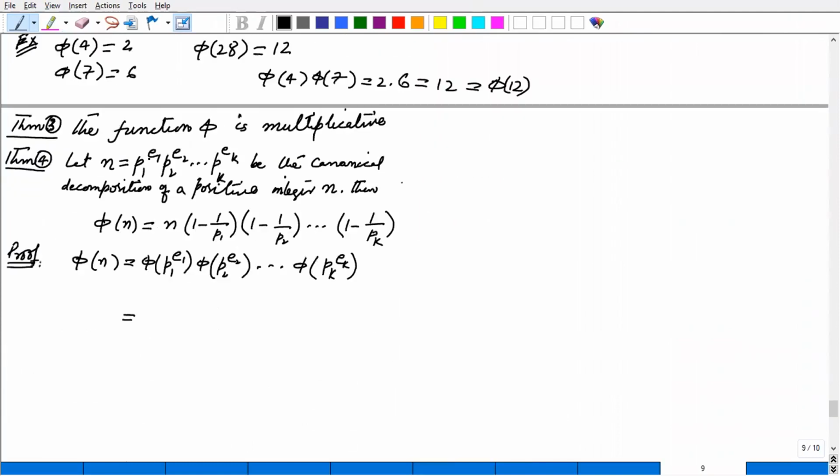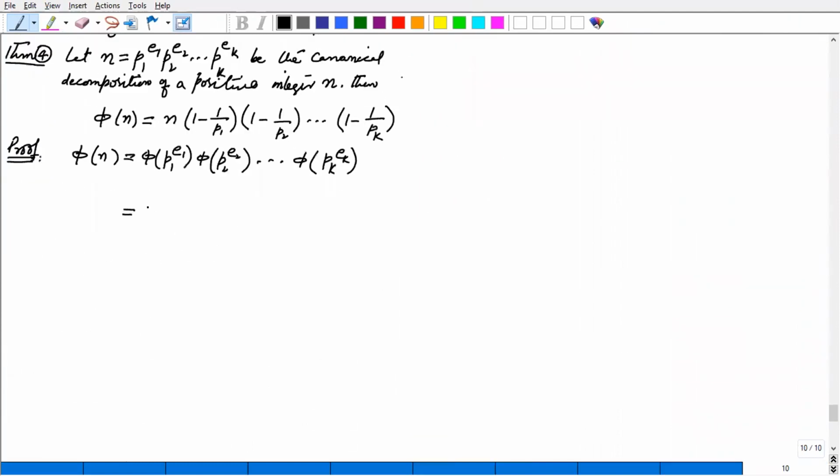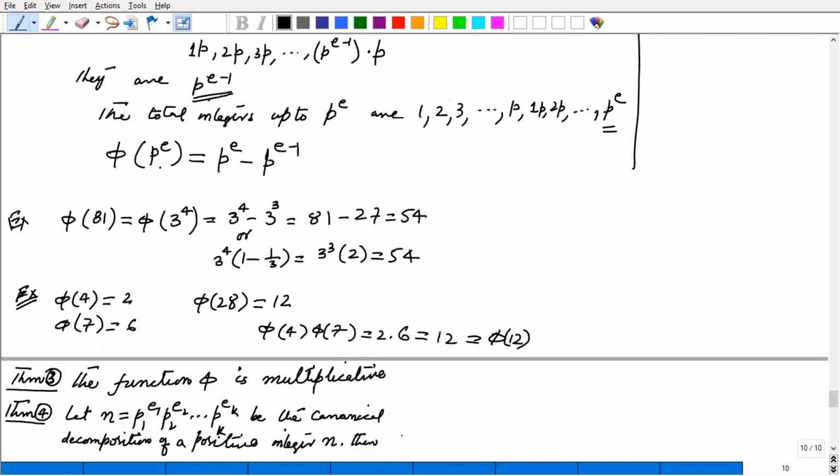So phi of p1 to the power e1 is p1 to the power e1 minus p1 to the power e1 minus 1, by using the result given here. Okay, so that's the result which is being used in our current theorem.